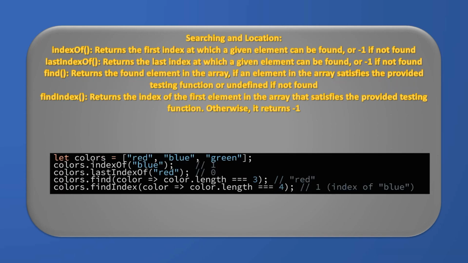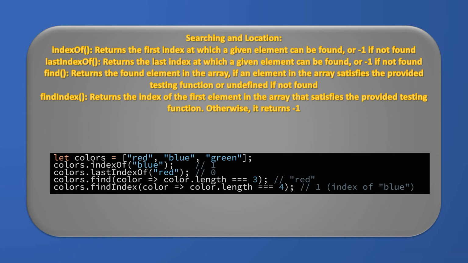Searching and location methods, such as indexOf, return the first index at which a given element can be found, or -1 if not found. Next is lastIndexOf, which returns the last index at which a given element can be found, or -1 if not found.